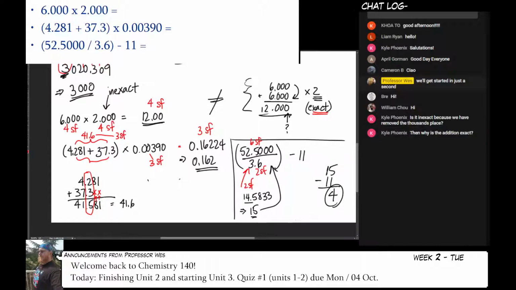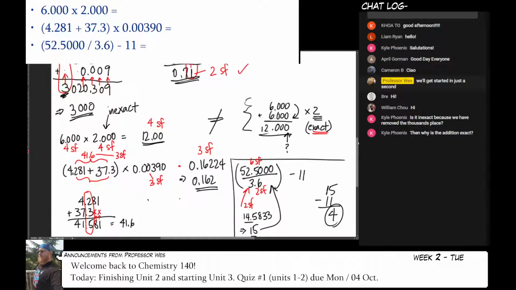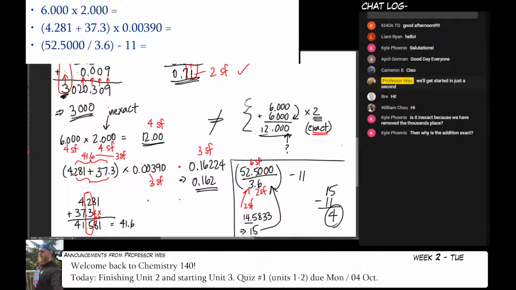All right, this problem up here. I think I can actually explain your question. Why is the addition exact? The addition is not exact. The 2 here is exact. If you are multiplying two things together, so if I have n times 2, that's the same as n plus itself, right?